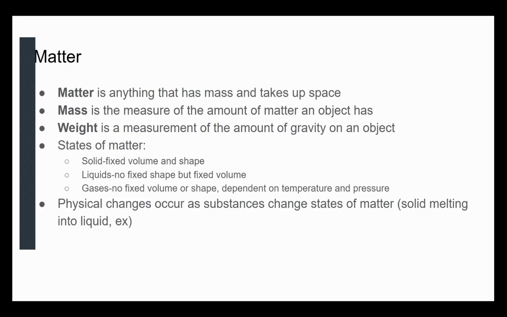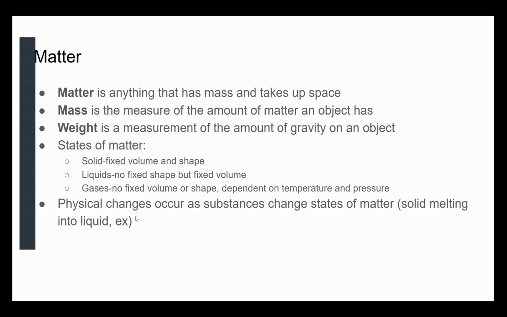You will have the same mass on Mars, on Earth, and on the moon, but your weight will be different in each place because of the amount of gravity differing. So mass is constant. Weight depends on gravity.